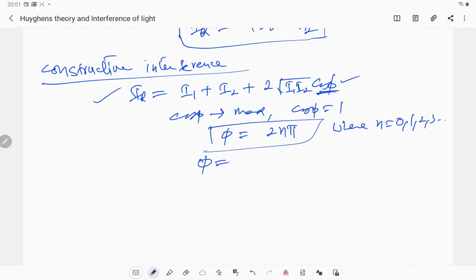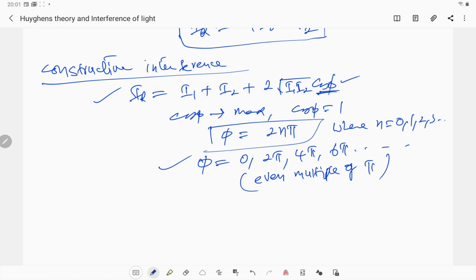This means phi is 0, 2 pi, 4 pi, 6 pi and so on. This is nothing but an even multiple of pi. When phase difference is an even multiple of pi, intensity is maximum.